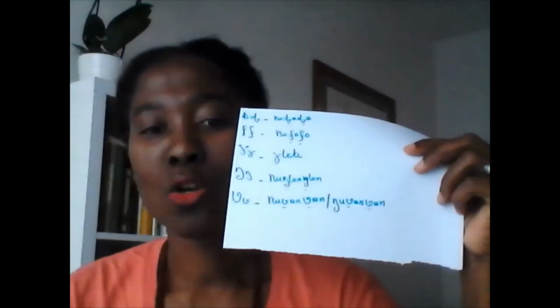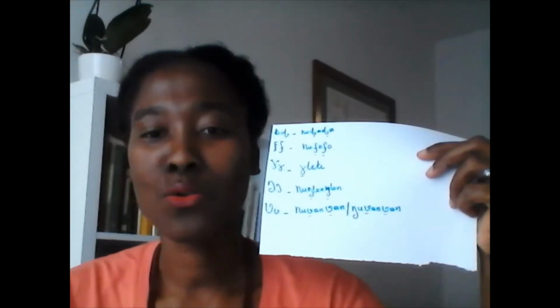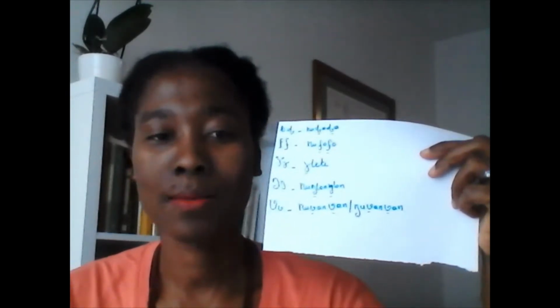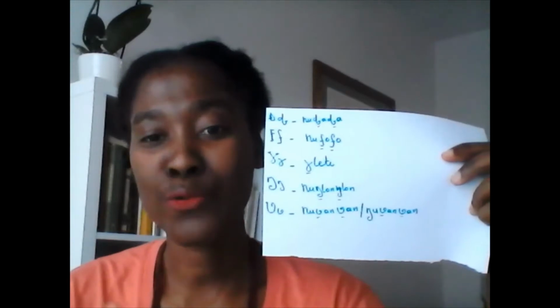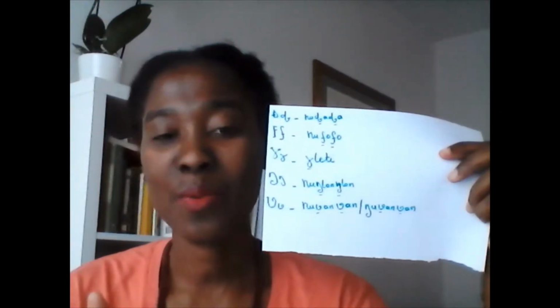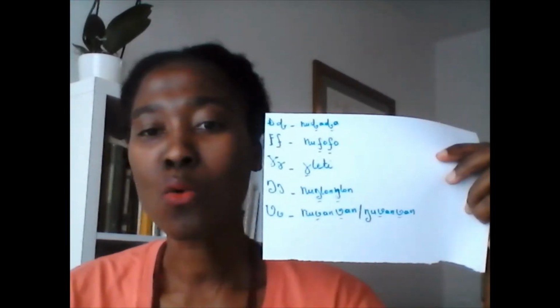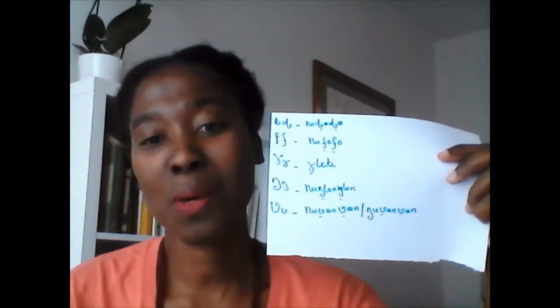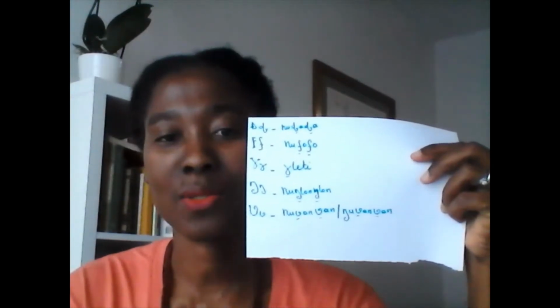The example I have there is nouvinyi, which is jealousy. And then other people, instead of saying nou at the beginning, actually use the n. Some people say it the other way. So that's why I put the two examples.